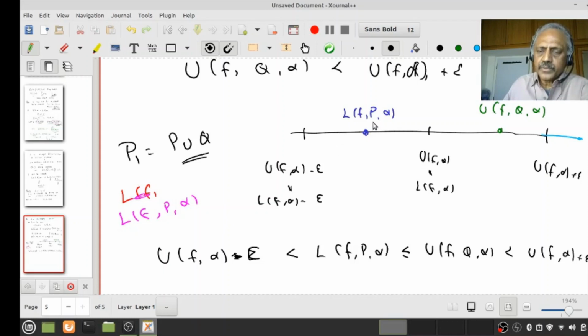So LFP1 alpha, this is a refinement of P, it should be somewhere here. This is LFP1 alpha, right? And for the same P1, let us look at UFP1 alpha. That's a refinement of Q, therefore it should be somewhere here. You understand that? This will be UFP1 alpha. This is P1.